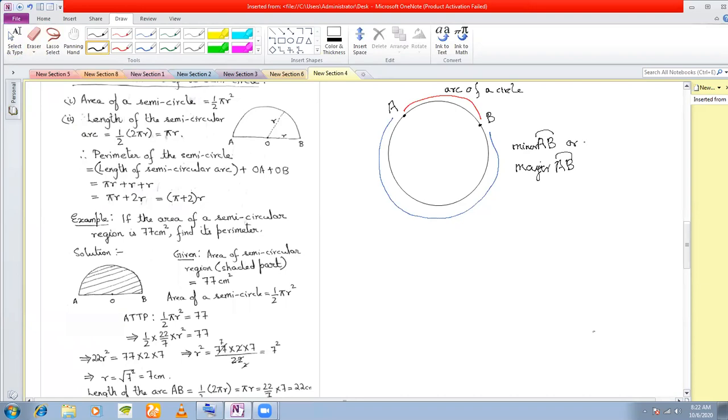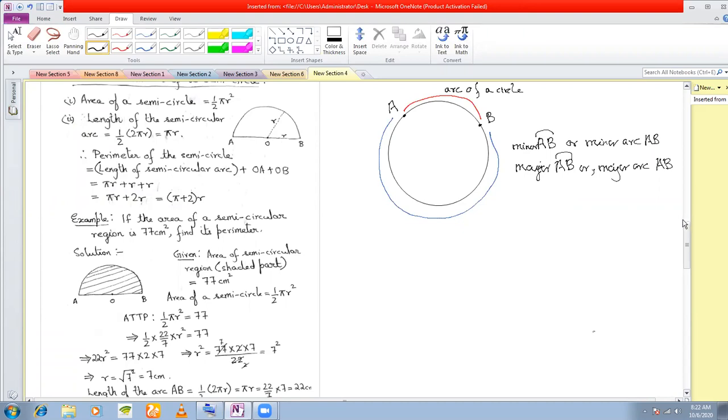We write this as minor arc AB, and write this as major arc AB. So either you give a curved line on top of AB, or you simply write arc AB. I hope you understood the difference between major and minor arc.